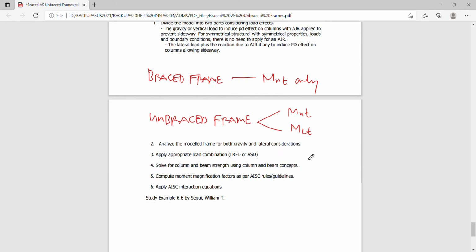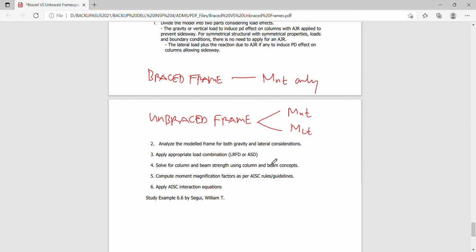So the analysis may be a direct analysis, first order analysis, or an approximate second order analysis. So number 3, apply appropriate load combination in LRFD or ASD. Okay, and normally for the load combination on the lateral part, the wind and the earthquake loads are the most commonly placed loading.